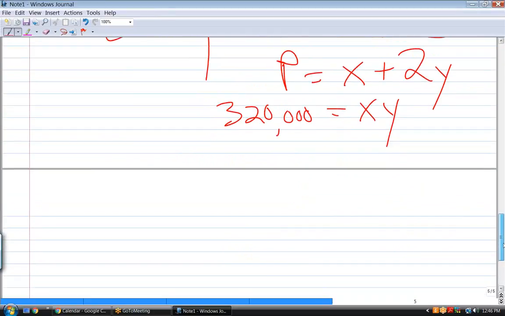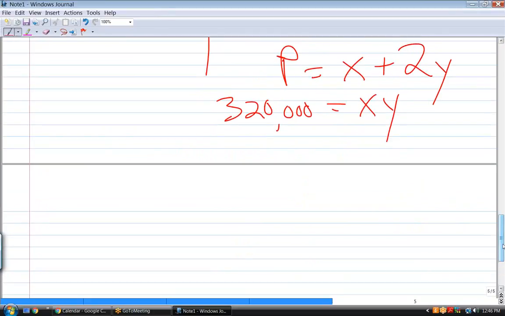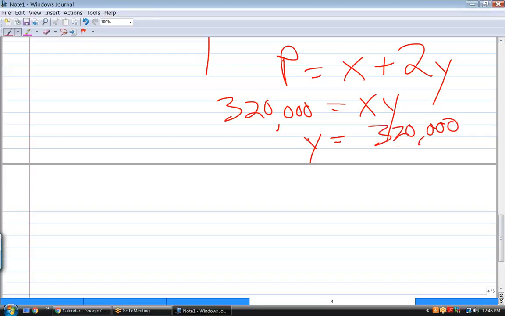Okay. So, in order to find a relative extrema on the perimeter function, we need it to be in one variable only. Right now it's in two, x and y. But we have a second equation. So let's solve the second equation for y, which is 320,000 divided by x.